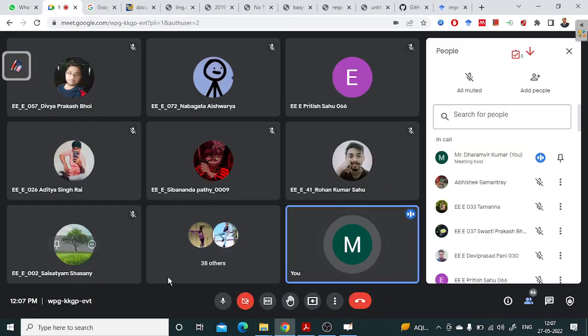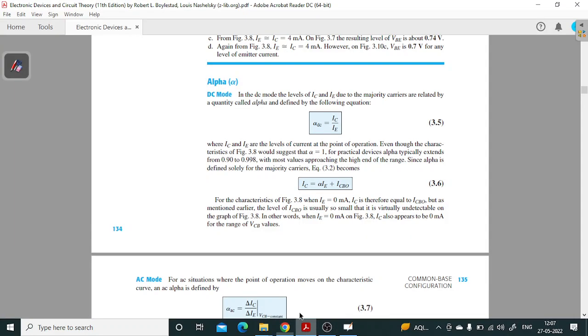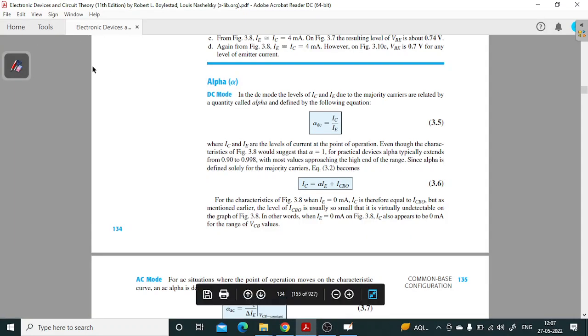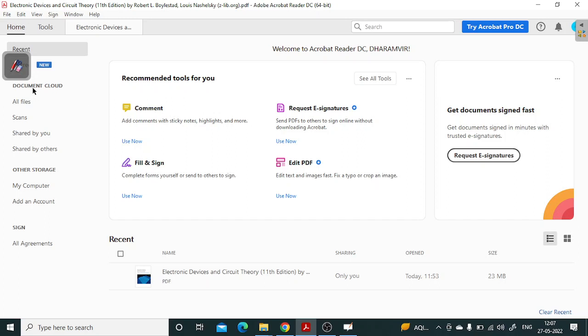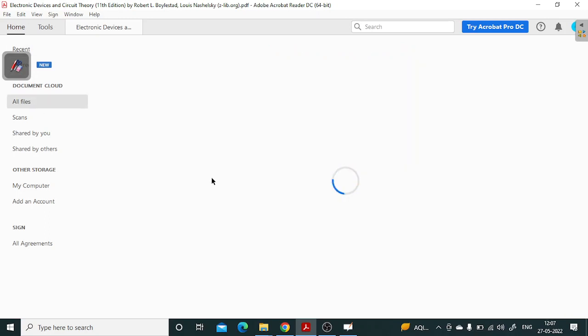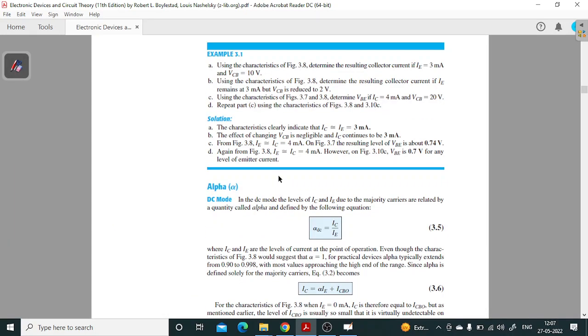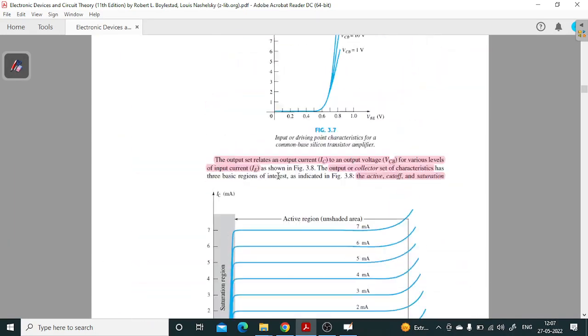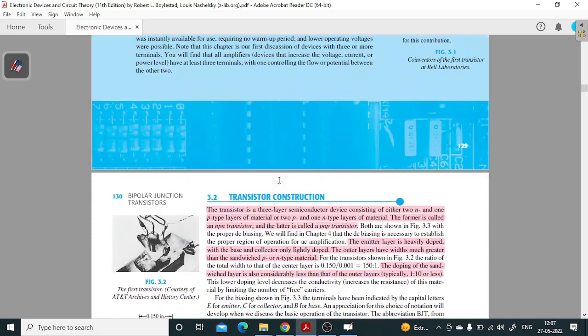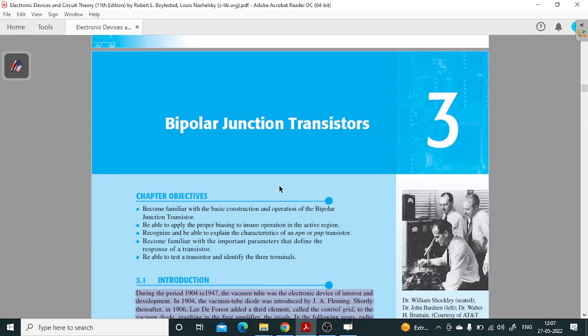Okay. So let's start for today's class. The syllabus that I am going to start here is module 2. And module 2 is about transistors or BJT. So I will start with the book.